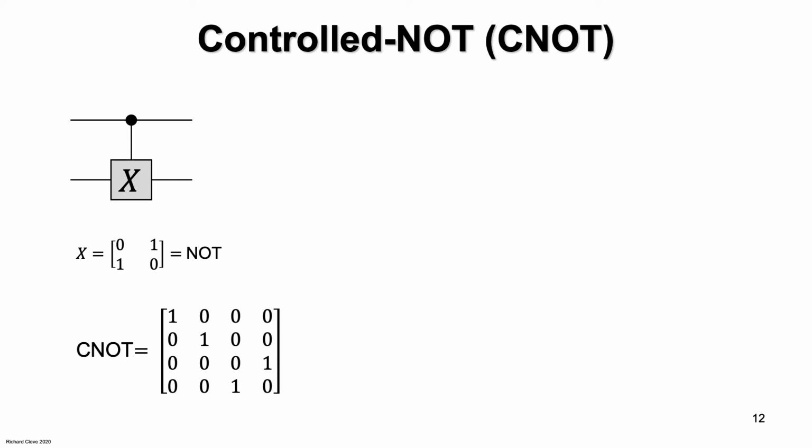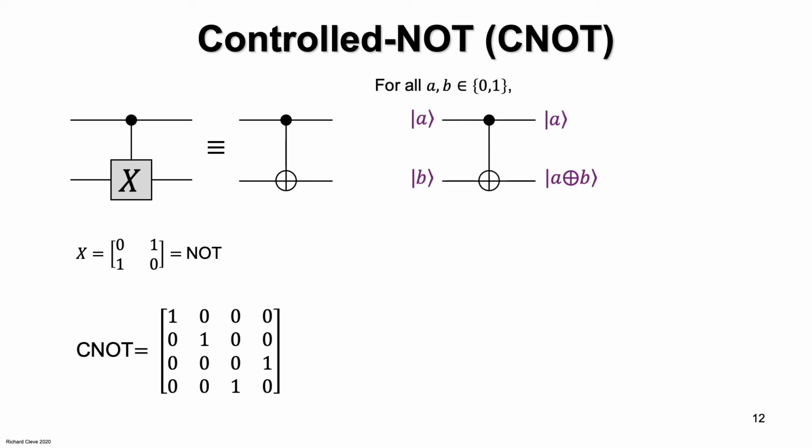There is special notation for this gate. To understand where this notation comes from, consider what happens when the inputs are in computational basis states. Let the inputs be ket A and ket B, where A and B are bits, that is, each is 0 or 1.